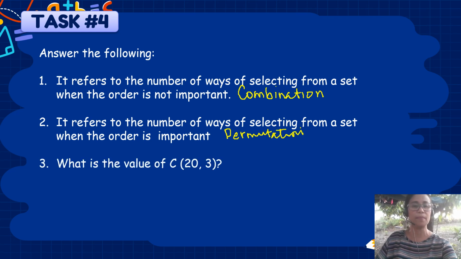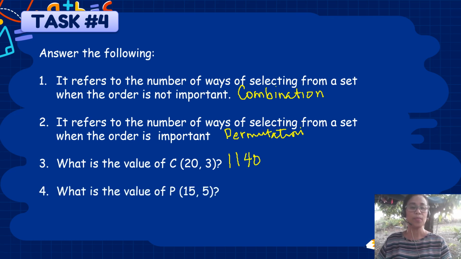Permutation. Third one. What is the value of C 20 taken r? So you have to solve it. We have 20, then taken 3 at a time. 20 choose 3. The answer is 1,140. Number 4. What is the value of P 15 taken 5 at a time?